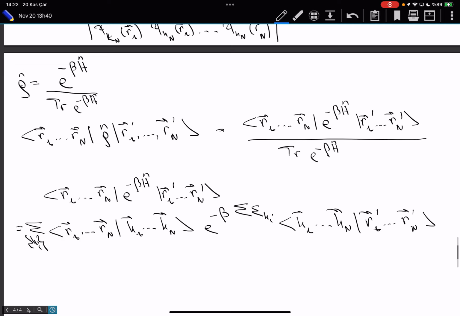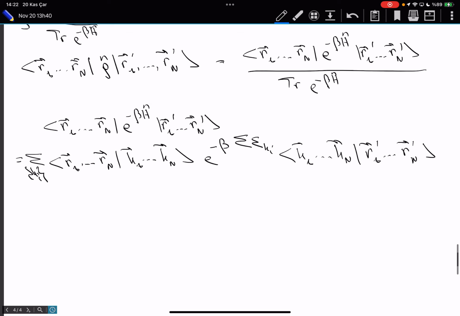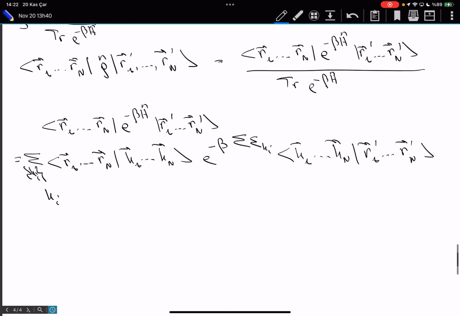Sum over all possible ki. Now, what are these ki's? If I use periodic boundary conditions, it will be 2 pi over L Ni. Ni's can take values 0, plus minus 1, plus minus 2, etc., up to infinity. And epsilon ki is just h bar squared k squared over 2m. It's the kinetic energy.